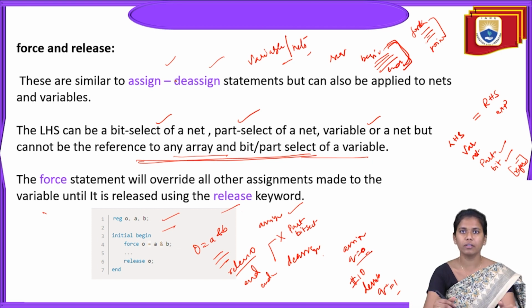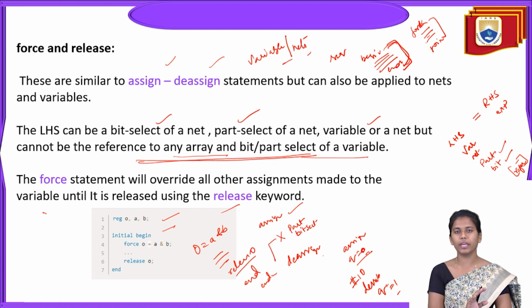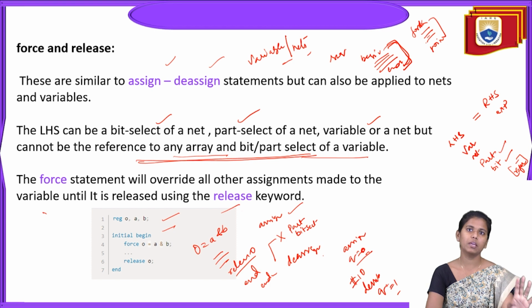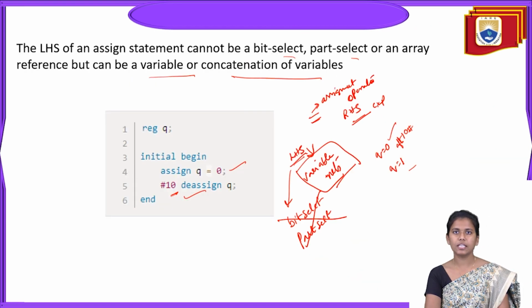And one more thing is that these statements can be applied only to variables or nets. That means only to the left hand side of the assignment operator, these changes can be made. So this is about today's topic.